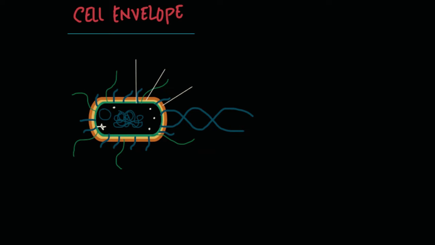We will now learn about the cell envelope. It is the outermost covering of the protoplasm of the prokaryotic cell. It is a three-layered structure.